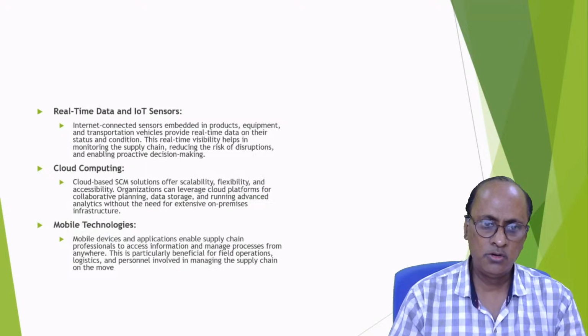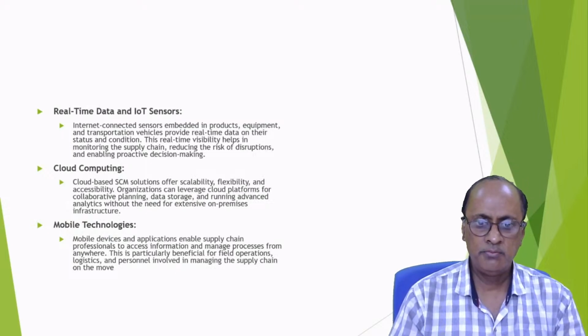Real-time data and IoT sensors: internet-connected sensors embedded in products, equipment, and transportation vehicles provide real-time data on their status and conditions. Real-time visibility helps in monitoring the supply chain, reducing the risk of disruptions, and enabling proactive decision making.